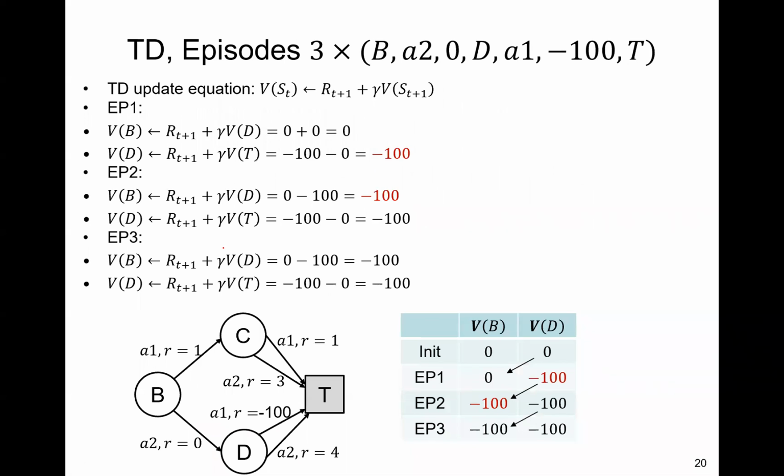So that's Monte Carlo. For TD, suppose you initially have the BDT episode with the minus 100, and in episode 1, VB is bootstrapped off VD. So it's 0 plus 0. And VD is bootstrapped off VT, which is minus 100. I indicate the bootstrapping process with the arrow in the table.